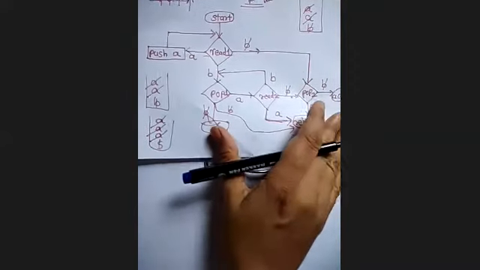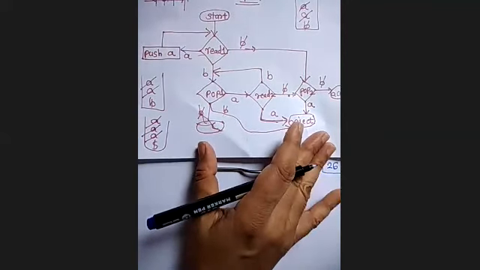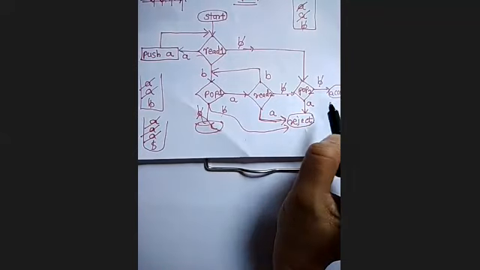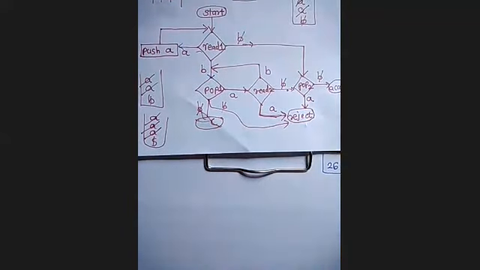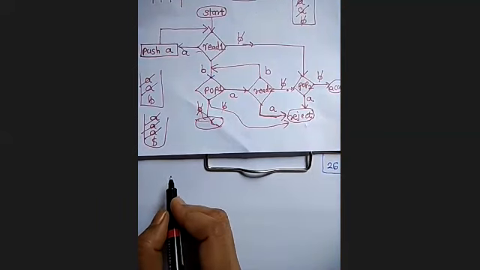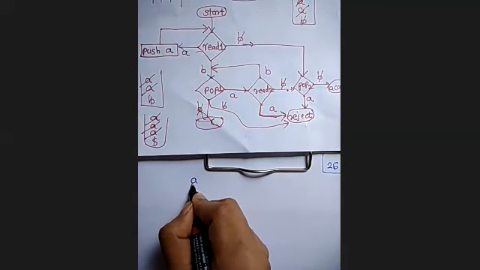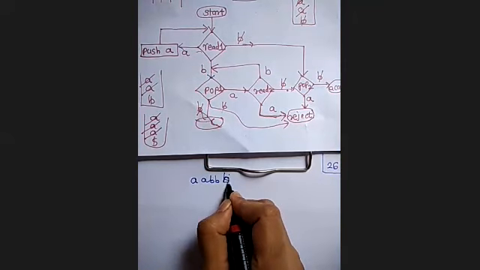So the simulation of this is, okay, let me check whether it is clearly visible. Let us consider this is accept, this is accept only, if not visible clearly. So we'll take the simulation of AA, BB, and this is ending with the blank.